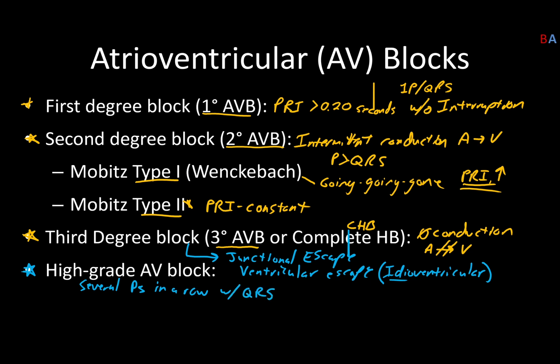And that's a way of identifying exactly how bad it is, especially in situations where you don't have a good second degree type 2 where you can make a nice ratio out of it. You can just say high grade block. In fact, high grade block is a form of Mobitz type 2. We'll dig into more of that as we go. Other names for high grade block may also be advanced second degree heart block. Both are acceptable.